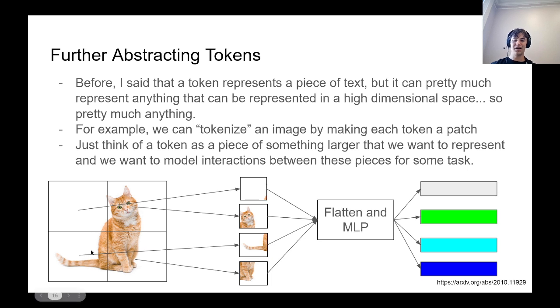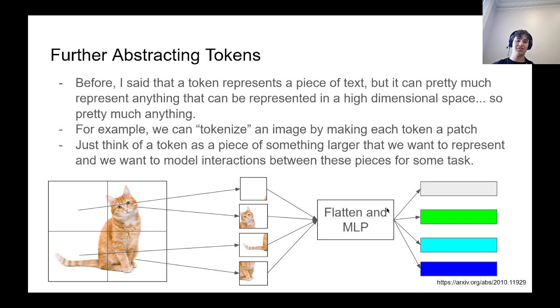But you take these non-overlapping patches, throw them here, and each patch you can flatten. Like, let's say this is 128 by 128 pixels, then this would be a 64 by 64 matrix here. So you can flatten that matrix and you get a vector. You can throw that vector through an MLP and you get a representation for this patch here. And that would be of dimensionality D, whatever dimensionality you want that to be.